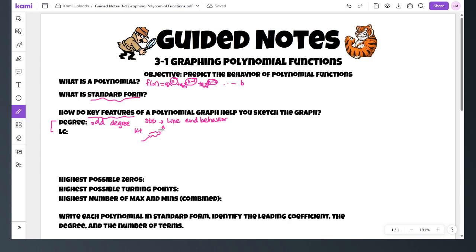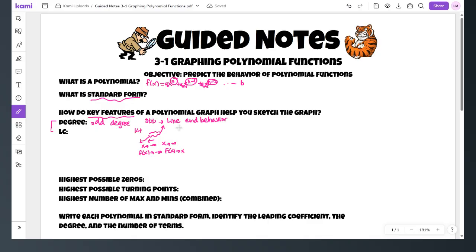See how my graph goes from low to high, just like a line with positive slope. So if my leading coefficient, LC, is positive, my graph will act like a line with positive slope, which means as x goes to negative infinity, so I move this direction on the graph, my function also goes to negative infinity. As x goes to positive infinity, my function also goes to positive infinity.